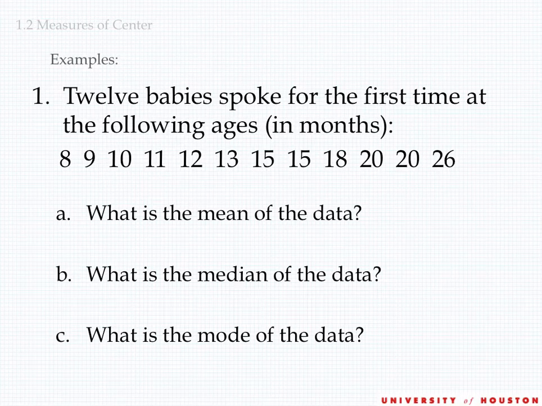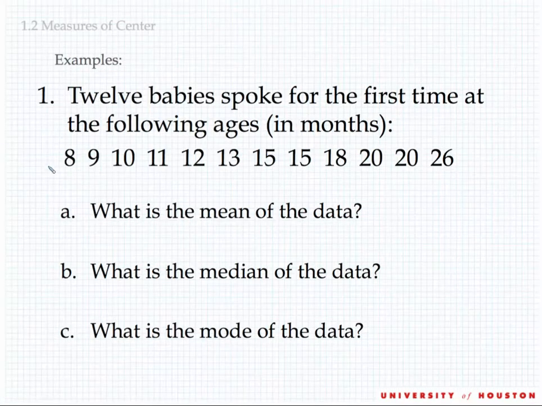Let's look at some examples. Example 1. 12 babies spoke for the first time at the following ages given in months. What is the mean of the data?